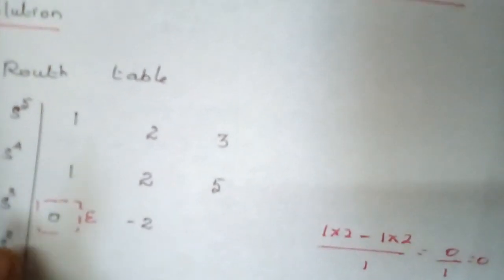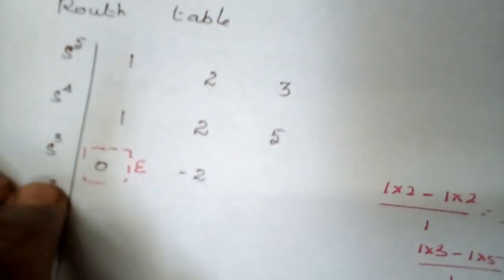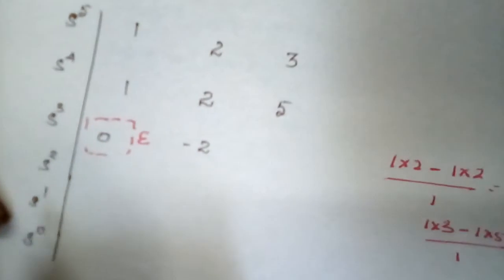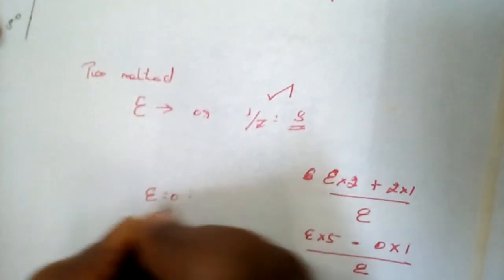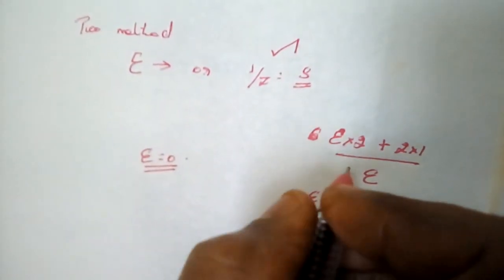Okay, and similarly, after finding the s square term value, find the s power 1 term and the s power 0 term, and substitute epsilon equal to 0 wherever it appears in the equation. You will get some equation, and check for the stability.